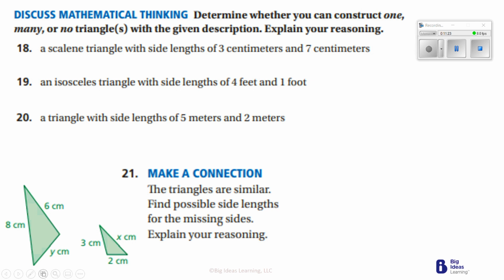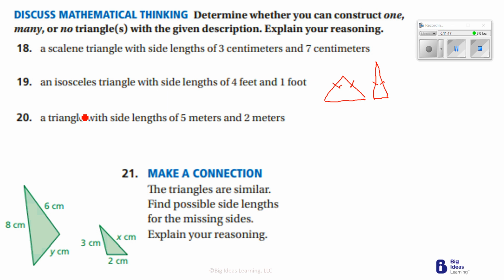Let's go ahead and look at this information that they've given us. An isosceles triangle has 2 sides that are the same, right? And then a third side. Could be like this. I mean, it really could be one that looks like this too, as long as the 2 side lengths are the same.